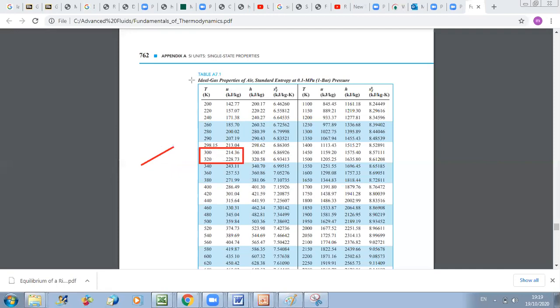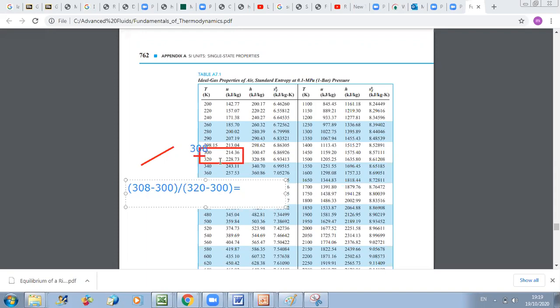So this is why I can write the following ratio. If I am interested in the value at 308, which is somewhere in between, I can write the following ratio: 308 minus 300 over 320 minus 300 is equal to, the whole idea is that for a linear variation, the slope is constant.